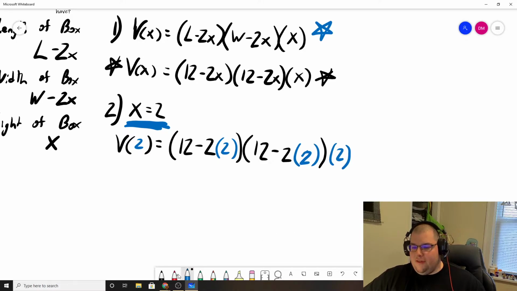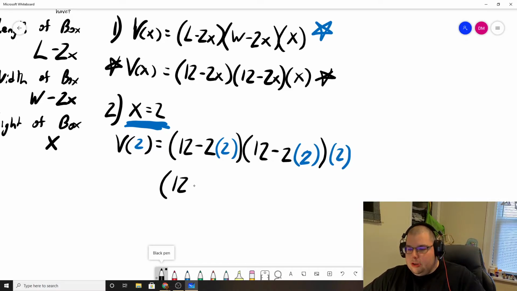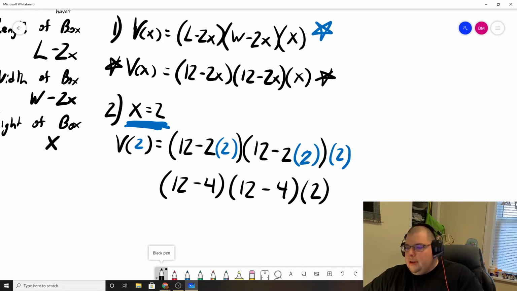And now I go from here, following order of operations and simplifying. So I need to do the multiplication inside those parentheses first. So black 2 times blue 2 gives me 4. Black 2 times blue 2 also gives me 4. And that 2 on the very end sticks around. And now I need to do the subtraction inside those parentheses.